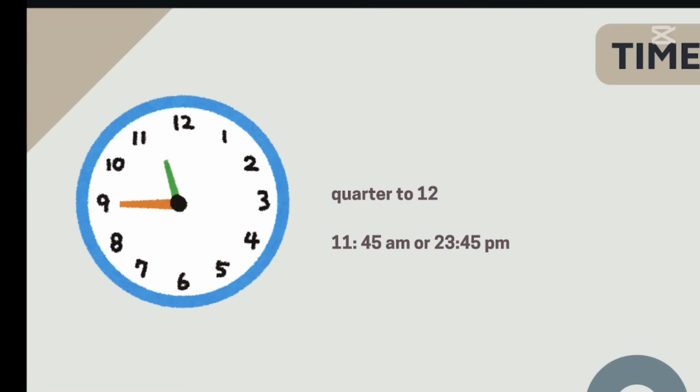So the clock shows us it's 11:45 a.m. or 23:45 if it's in the 24-hour time. It can be also 11:45 p.m. or simply saying it's a 11:45.